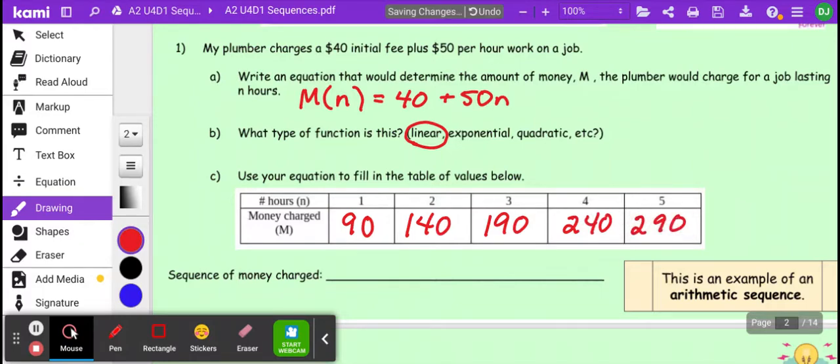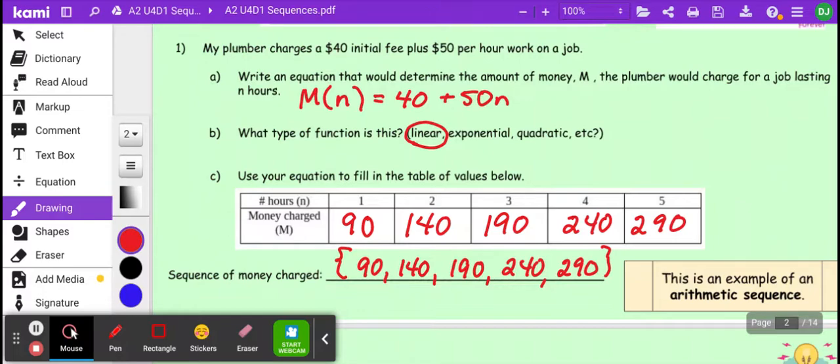Okay, so if I list this in a sequence, here come my squiggly set brackets back to haunt me. I'm going to list the sequence of numbers, and since I only did this for 5 hours, it's a complete sequence. It doesn't go on forever.